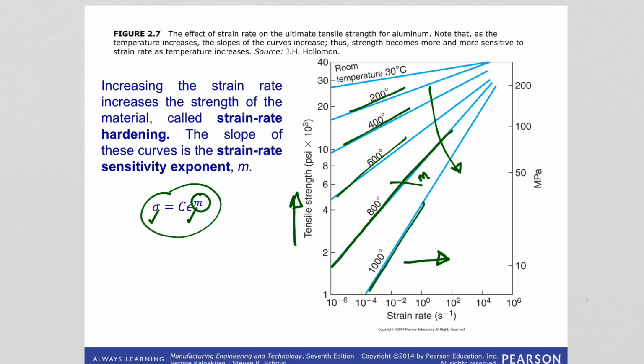So m increases with increasing temperature. If you look at this one, it is relatively flat at room temperature. That means the m is very low. So typically m is 0.05 for cold working.